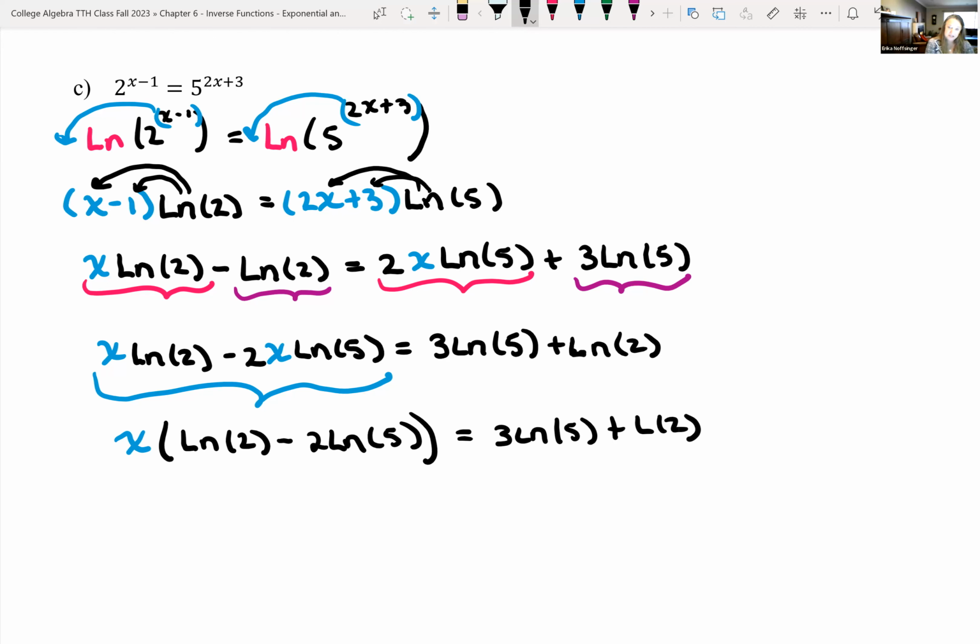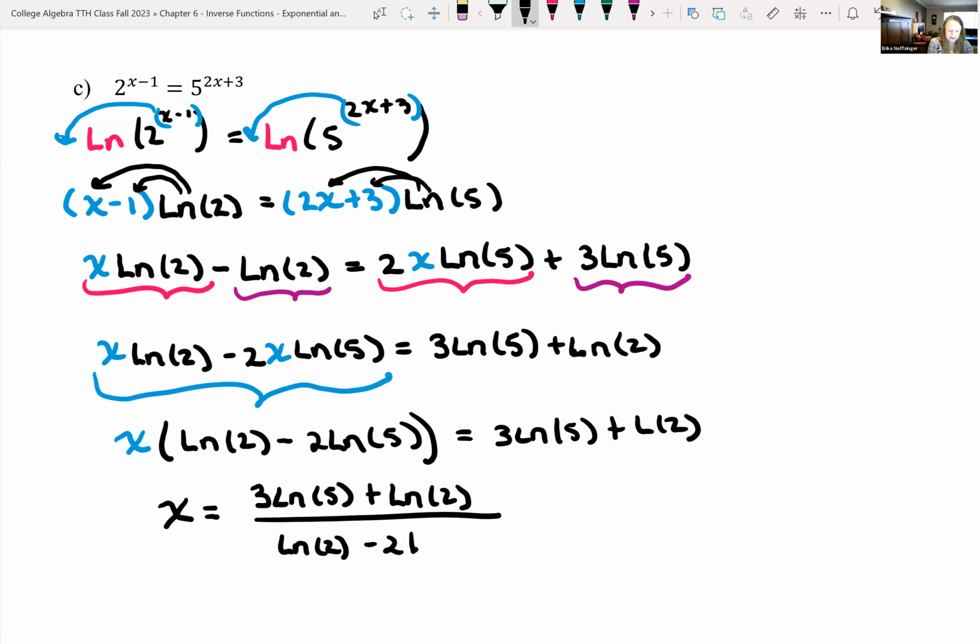So if we divide both sides by that parentheses that is multiplied to the x, then we get our x by itself. So we have x is equal to, our numerator is 3 natural log of 5 plus natural log of 2. This is all divided by natural log of 2 minus 2 natural log of 5.